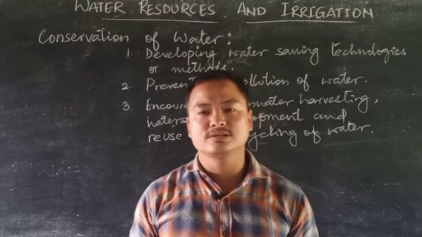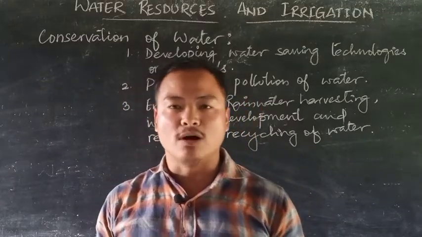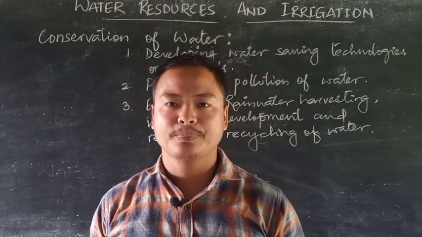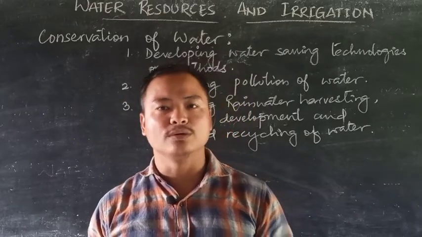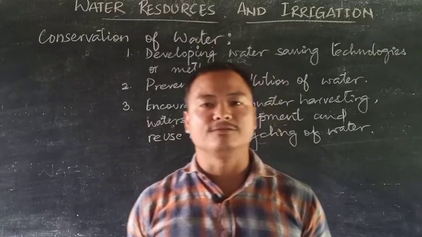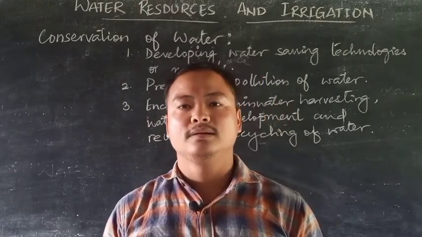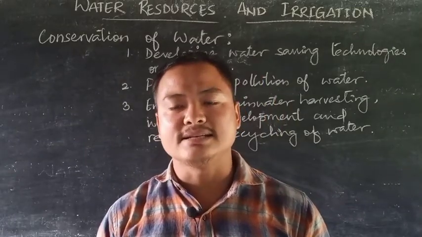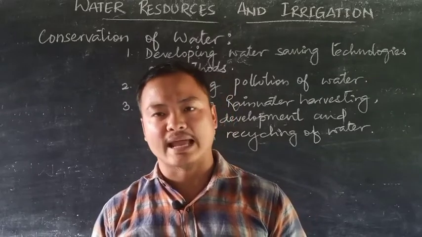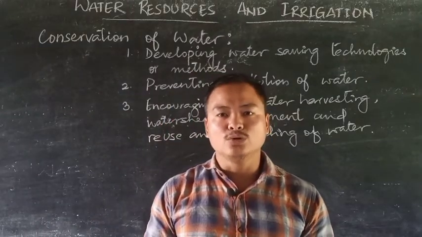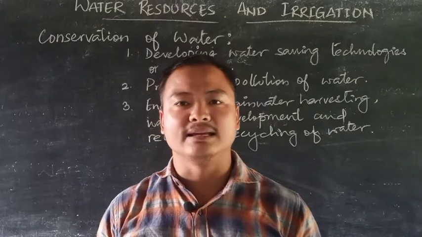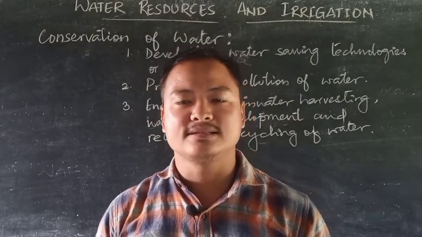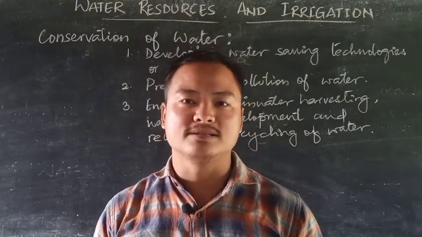So the boards have come up with water acts, such as the Water Pollution Control Act of 1974 and the Environmental Protection Act of 1986. Though the acts have been passed in India, their effectiveness is not much seen.